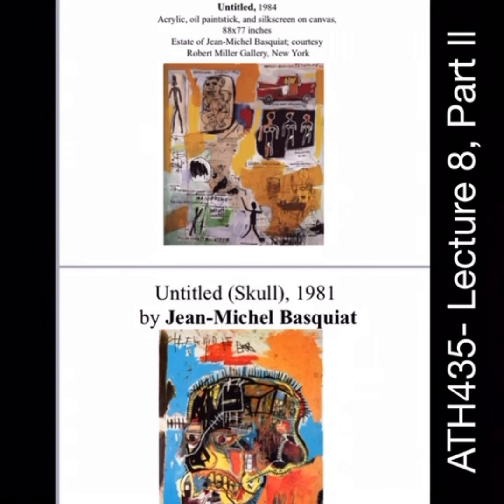As an artwork of postmodernism, Basquiat purposely drives us away from the focal point, especially the painting on the screen, the top painting on the screen. It is a mixed media of acrylic, oil painting stick, and silkscreen on canvas.